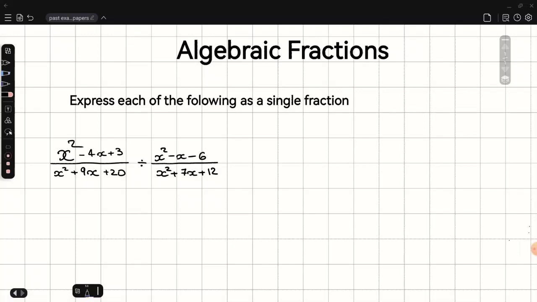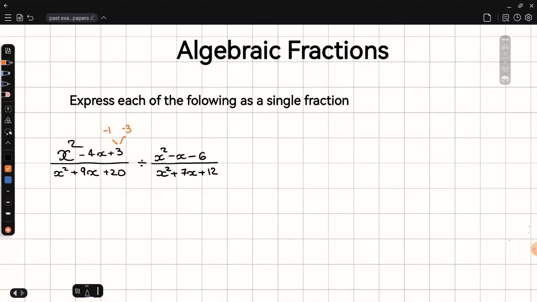Let's begin by factorizing the numerator of the first fraction. Here we are looking for the two numbers that when we multiply give us positive 3, but if we add them up it should give us negative 4, and that could be negative 1 and negative 3.